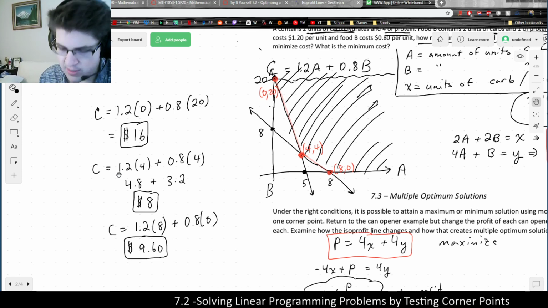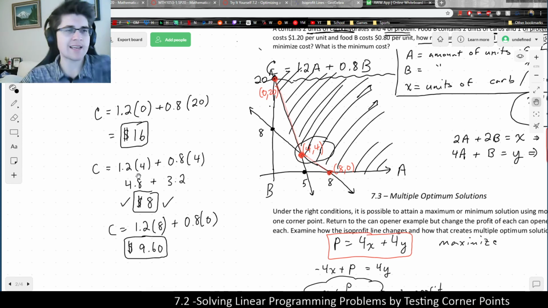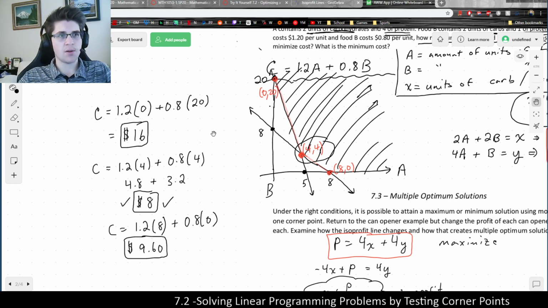Since my goal was to minimize cost, it appears as though the solution 4, 4 was my optimal answer as my guess. But again, it could be any point. It just depends on the cost equation, and we just got to check each one in the cost formula.